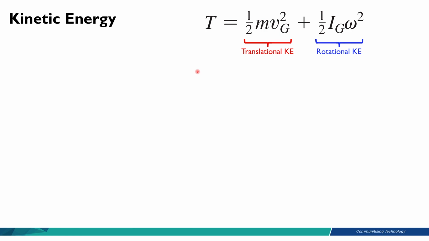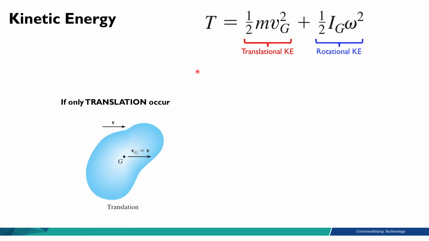There are three types of motion, and let's say if there is only translation that is being experienced by the rigid body, therefore definitely the omega becomes 0 because the rigid body does not rotate, and the kinetic energy is only equivalent to half mVg square for the case of translation.